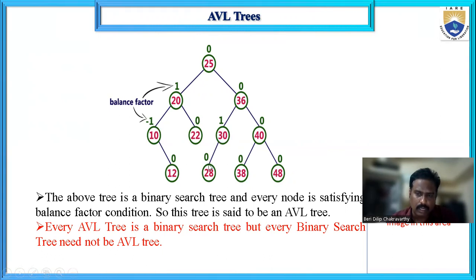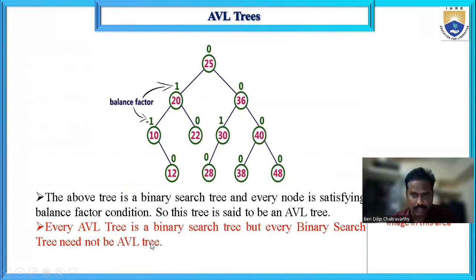It has only a left subtree but no right, so 1 minus 0 gives 1. So all the nodes are satisfying the balance factor. All the nodes have either 0, 1, or -1. Every AVL tree is a binary search tree, but every binary search tree need not be an AVL tree.